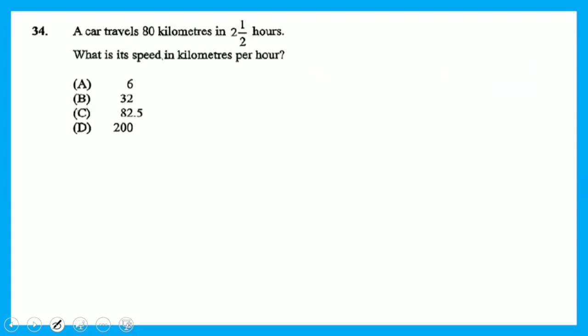Number 34, it says a car travels 80 kilometers in 2.5 hours. What is its speed in kilometers per hour? Speed. If you forget the formula for speed, it makes it easy if you think of kilometers per hour.